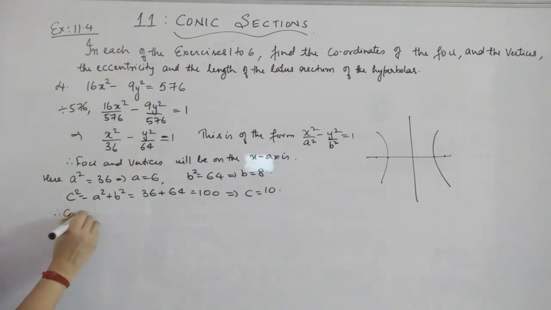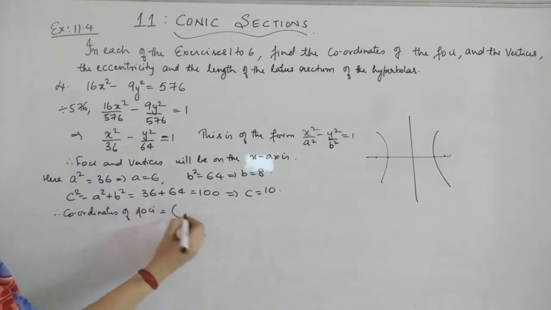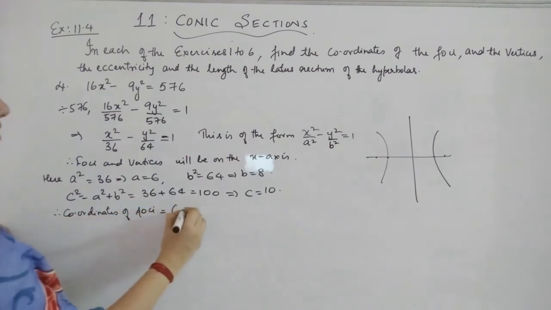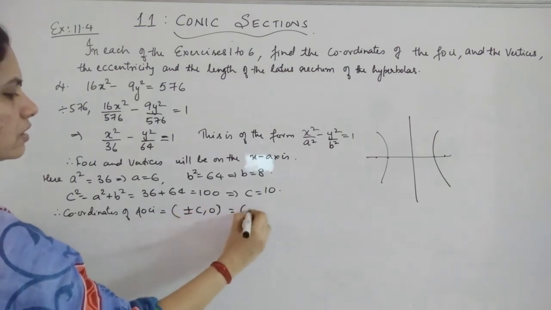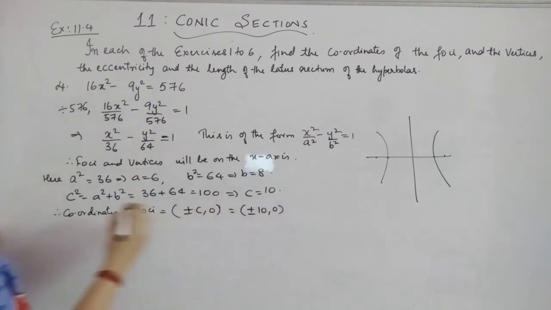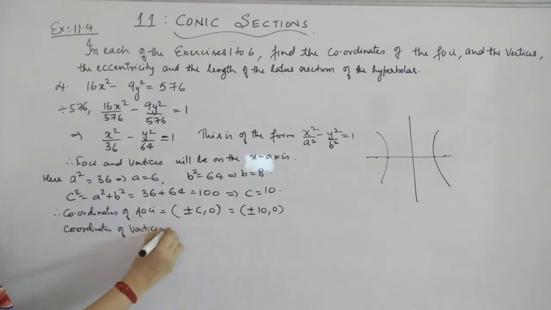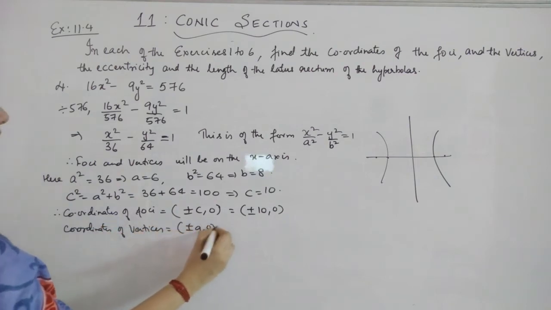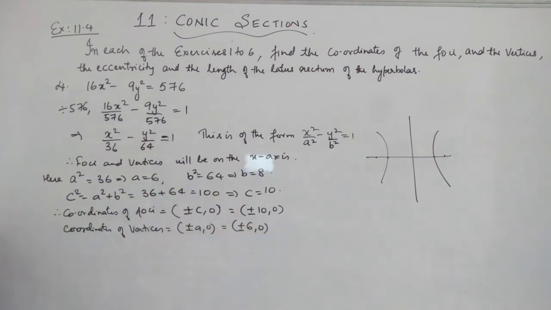Therefore the coordinates of foci will be of which form? Plus or minus c comma 0, which is plus or minus 10 comma 0. Now coordinates of vertices will be plus or minus a comma 0, which is plus or minus 6 comma 0.